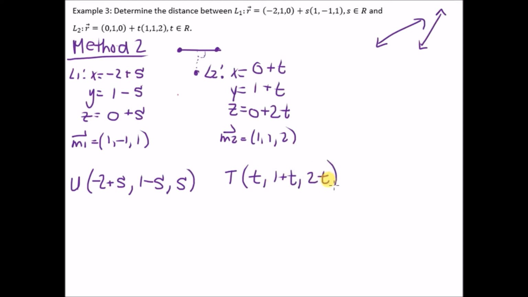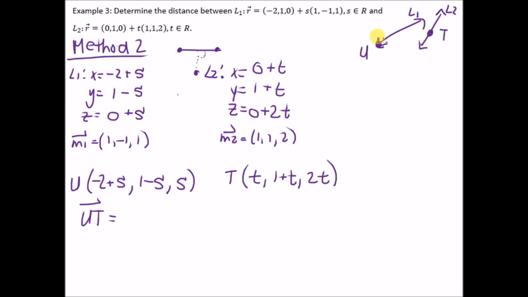Okay, so if we want to find vector ut, sorry, let's call this u. T is not here. U is going to be any point on line 1, and t is going to be any random point on line 2.